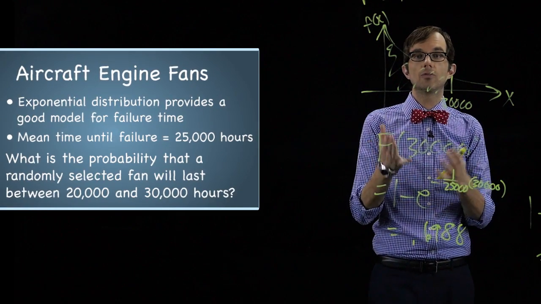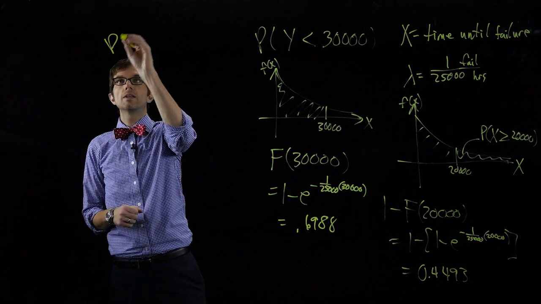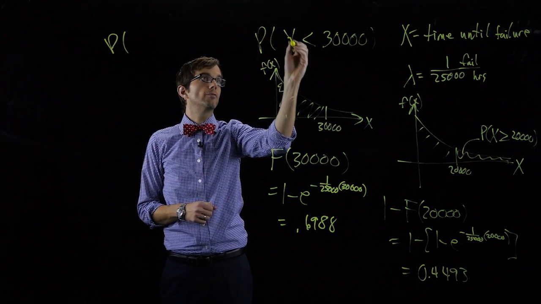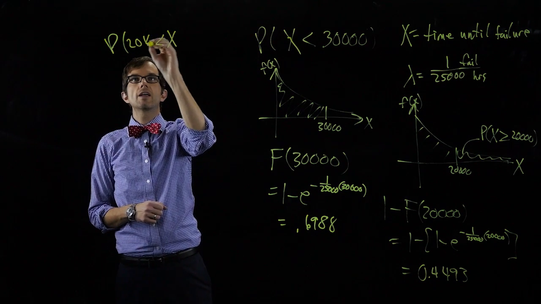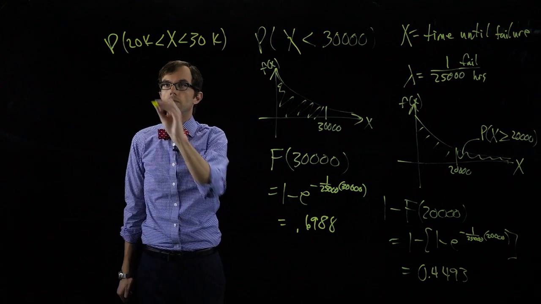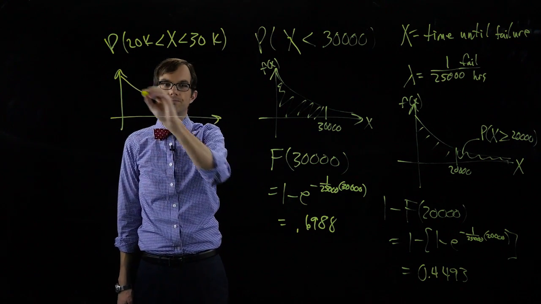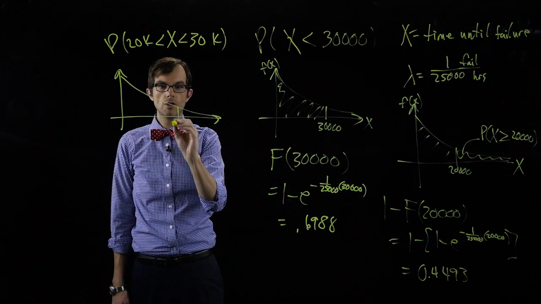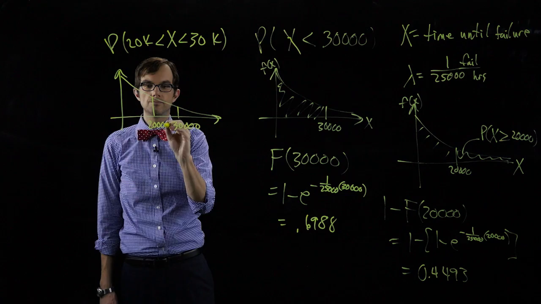What's the probability of between 20,000 and 30,000 hours? What's the probability that the random variable x is between 20,000 hours and 30,000 hours? Well, that is this area here. Here's 30, and here's 20.